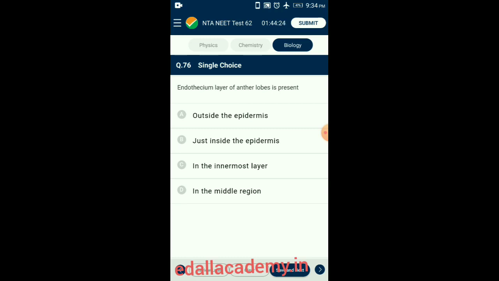The outer 3 wall layers perform the function of protection and help in dehiscence of the anther to release the pollen. The innermost wall layer is the tapetum. It nourishes the developing pollen grains. Cells of the tapetum possess dense cytoplasm and generally have more than one nucleus. So the answer for this question is option B, just inside the epidermis.